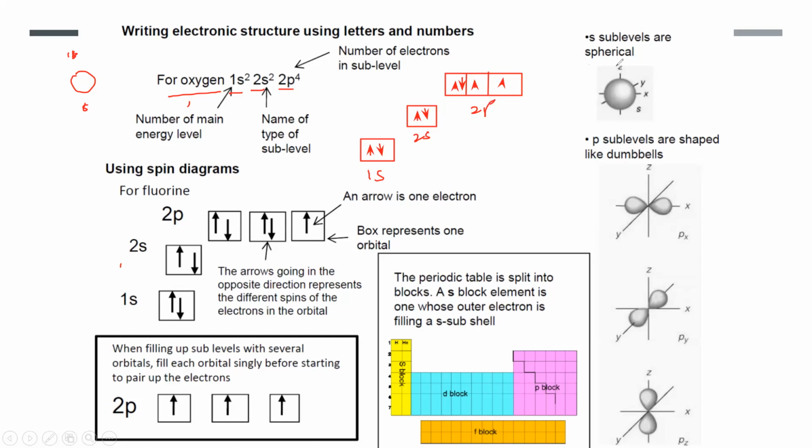Then the shapes of these orbitals: the s orbitals are spherical, whereas p orbitals are dumbbell-shaped. And p is actually divided into three axes, three dimensions. So we have the x-axis, the y-axis, and the z-axis.